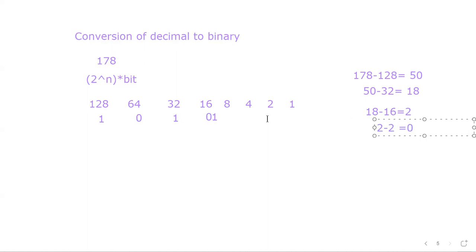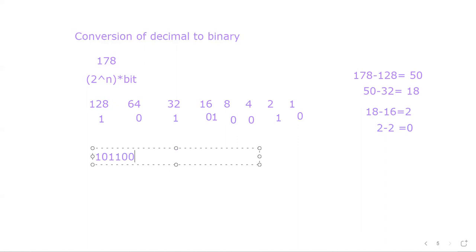So I put 1 on 2, and on the others I will put 0. But the value will become 1, 0, 1, 1, 0, 0, 1, 0. Right? This is the shortest way to convert decimal into binary.